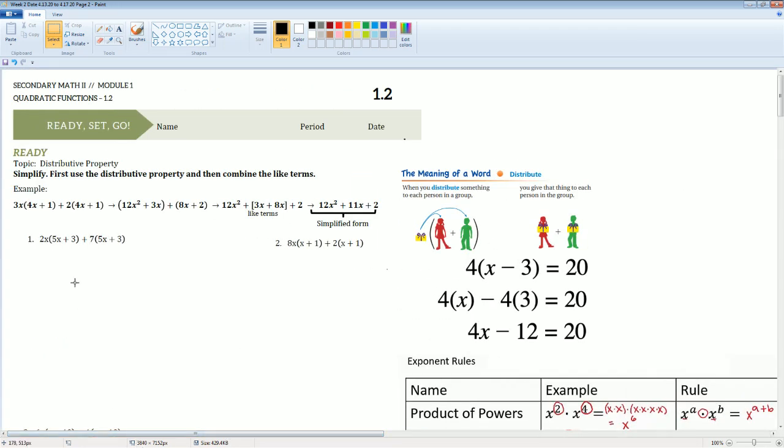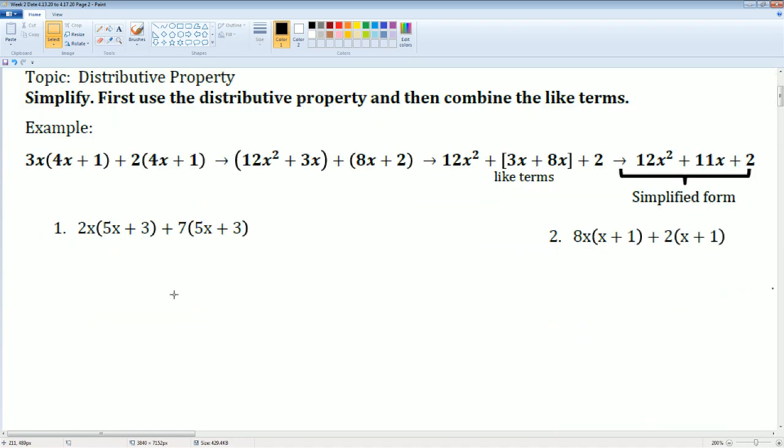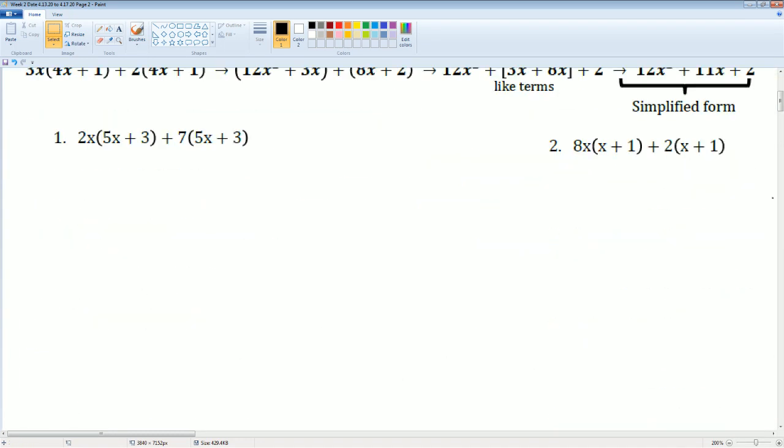So let's take a look at this one. We are going to have to distribute the 2x into all the terms.